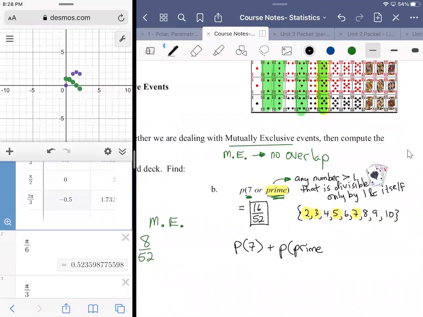All right. Now, this is where it gets a little dicey, because if it's going to be a prime number, we want to make sure that we're only including the prime numbers that haven't already been counted. All right. So a prime number and not 7.